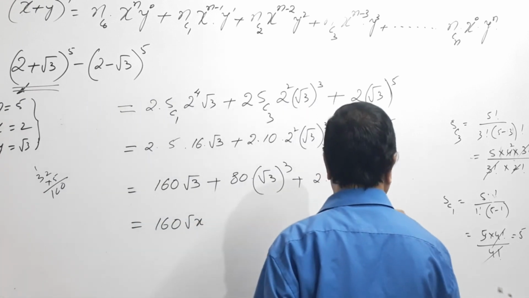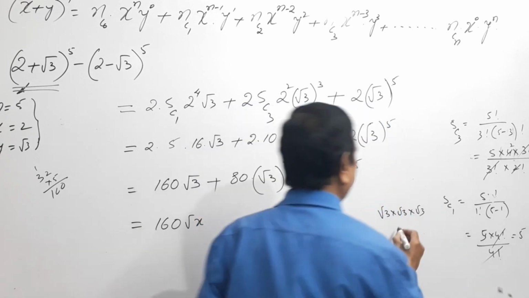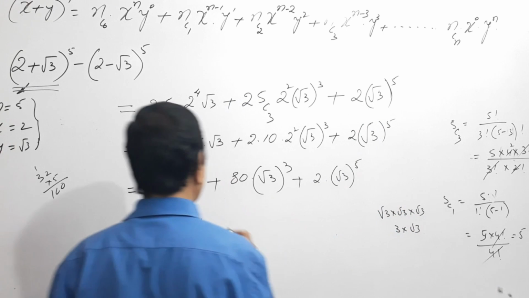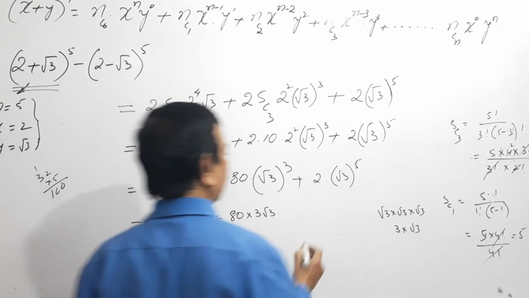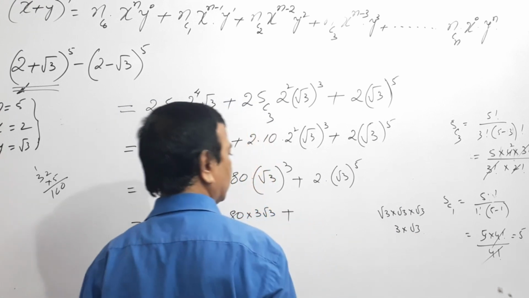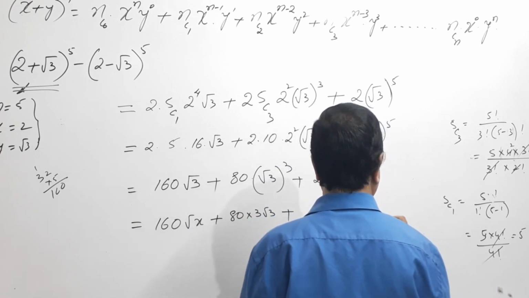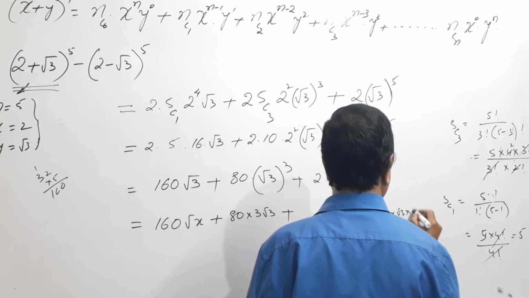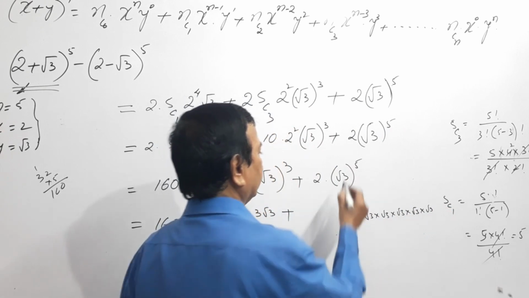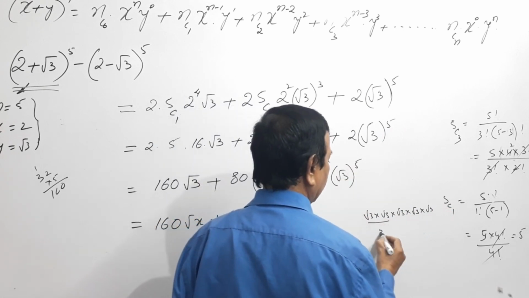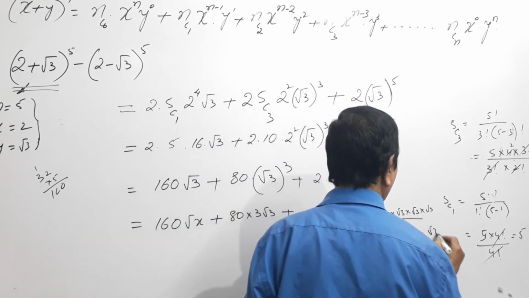Now root 3 into root 3 is 3 into root 3, this becomes plus 80 into 3 root 3 plus this is root 3 to the power of 5, that is root 3 into root 3 is 3, again root 3 into 3 is 3 into root 3, 3 3s are 9.